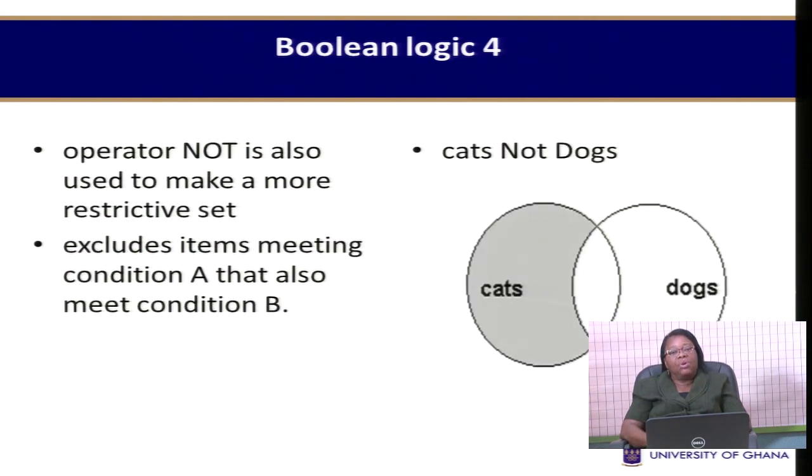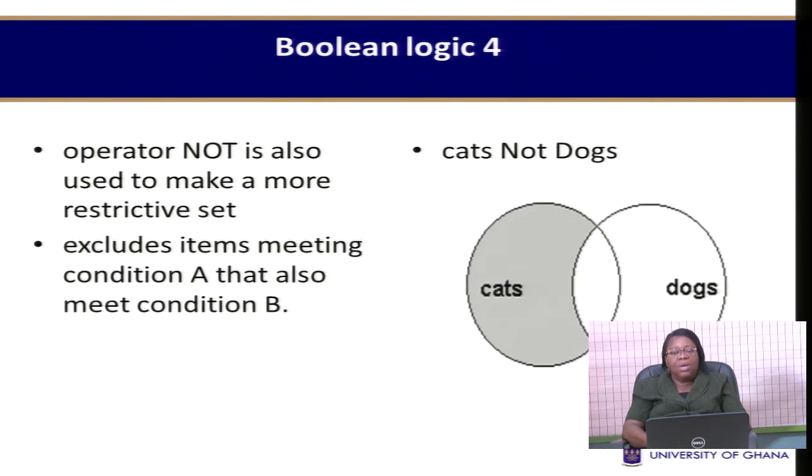Then we have the NOT operator, which also excludes certain items. For instance, you have cats, not dogs. If you look at the shaded portion of cats, it is only information on cats. If you move out and come to the intersection, you have a few dogs there, but that is not what you're looking for.